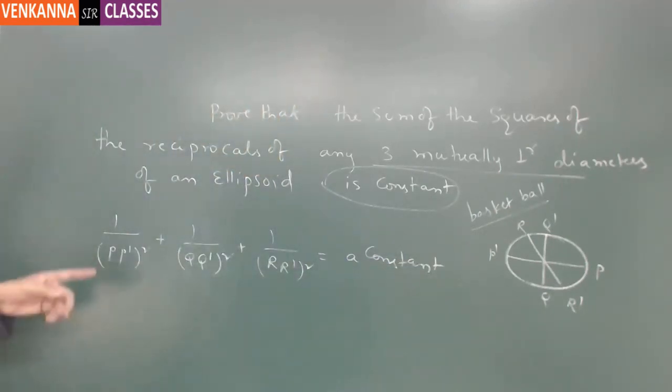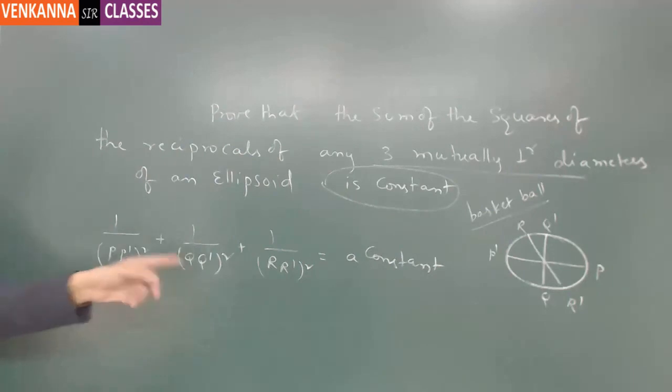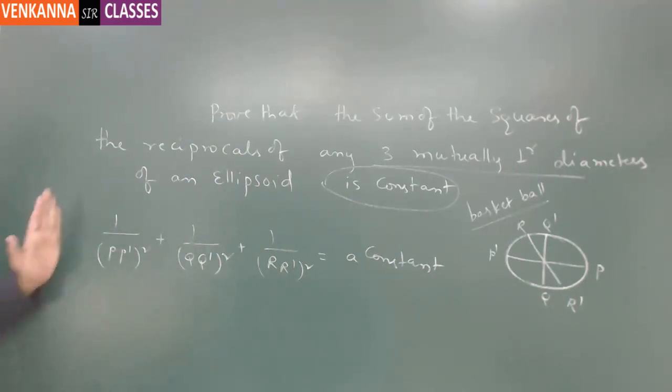Sum of the squares of the reciprocals of the three mutually perpendicular diameters is a constant. This is our objective of the question. Is that clear? Any doubts, you ask?